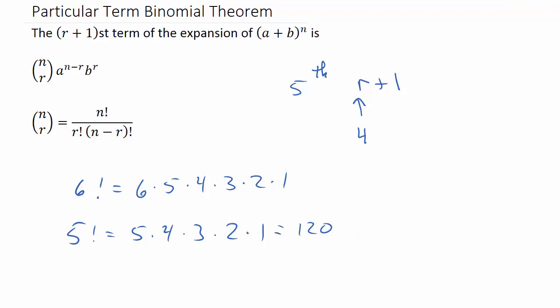Whatever n is and whatever r is, you just plug it into the formula. The other option is to punch it into your calculator. Scientific calculators have the combination button on there. You may have to hit another button to get to it, like on my calculator I have to hit my PRB button to get to combination.